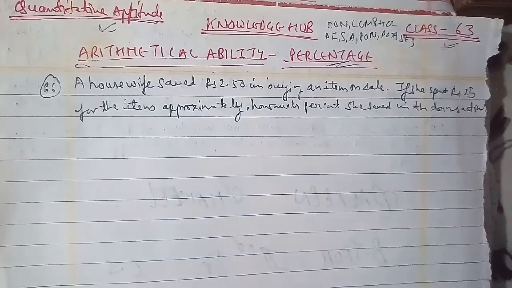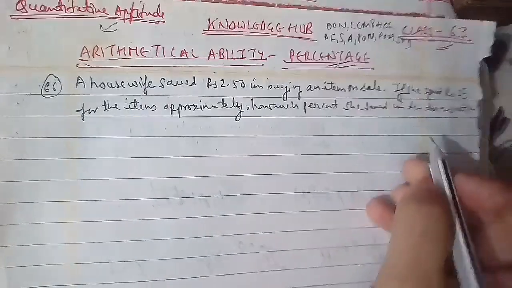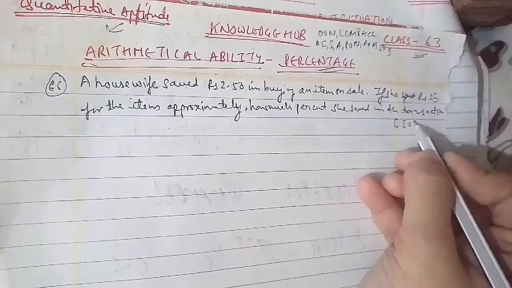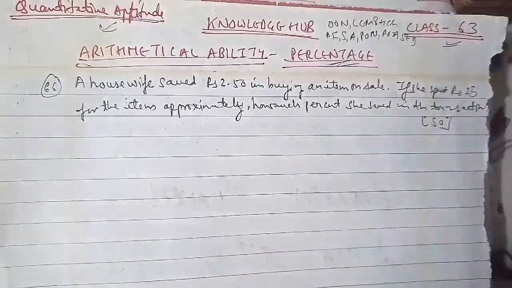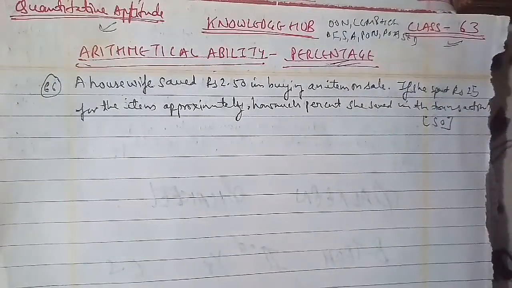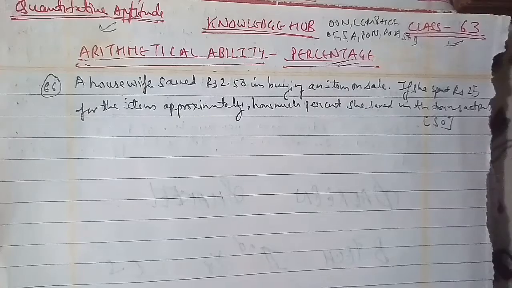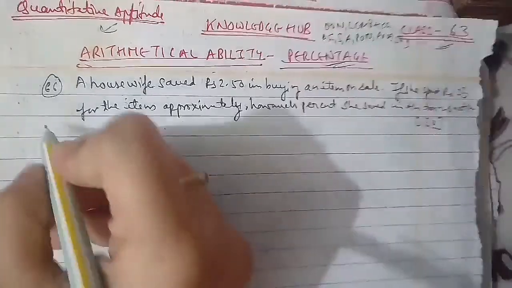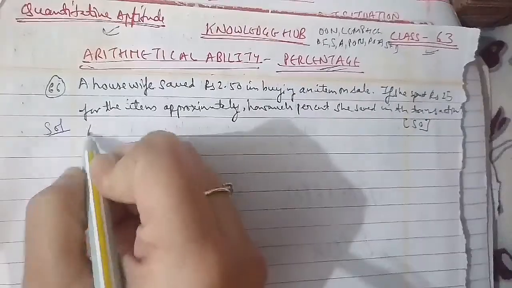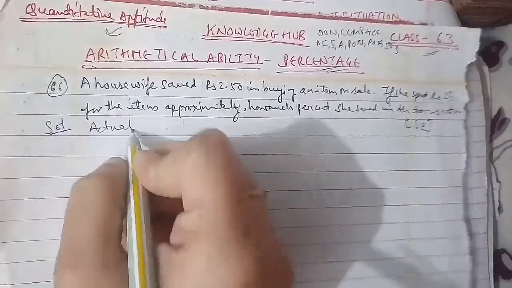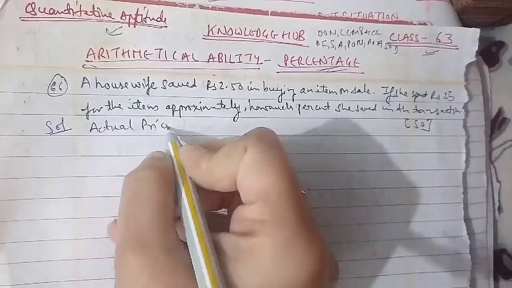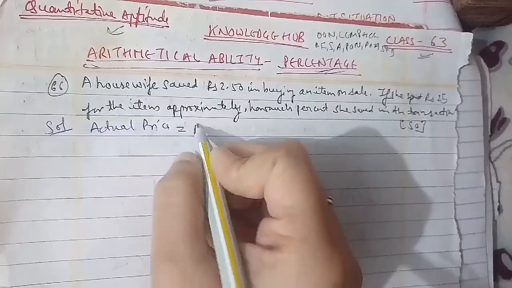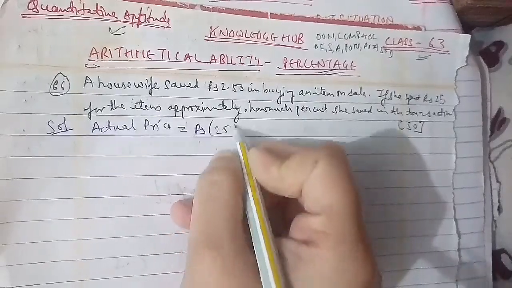So we'll go ahead with the solution. The actual price equals rupees 25 plus 2.50, which equals rupees 27.50.